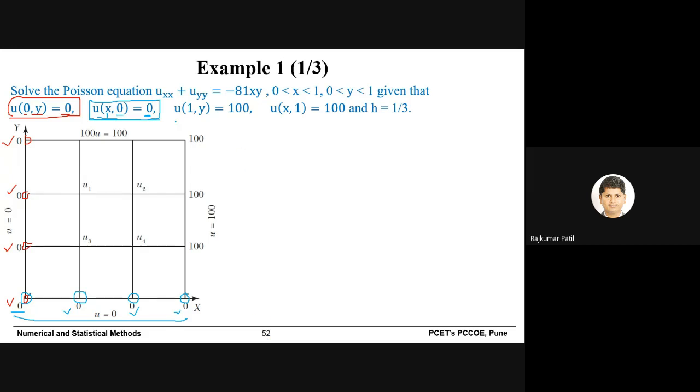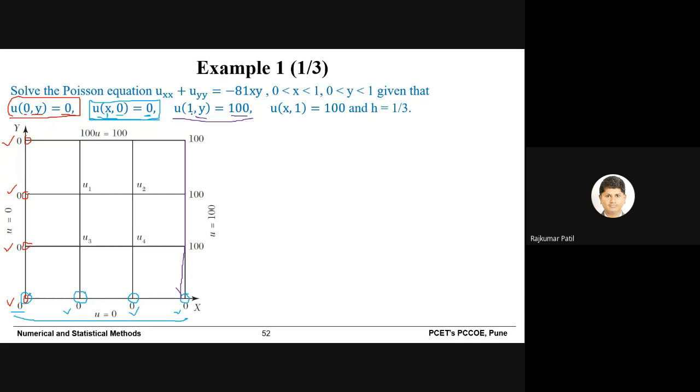Then we go to the third equation. In case of the third equation, you can see when x is equal to 1, that means this particular vertical face, for all the values of y, the value of u will be 100.